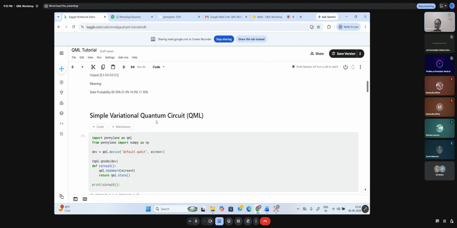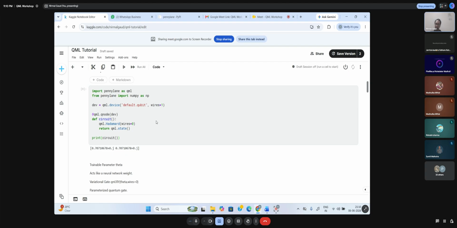Simple variational quantum circuit also, you can run this code, and it's like the same only. I'm taking node, quantum node. Okay, obviously PennyLane library, NumPy. I am taking numerical Python to do some maths if it's required. Node I have defined, circuit I have defined inside the node.